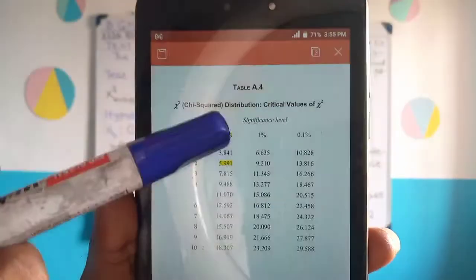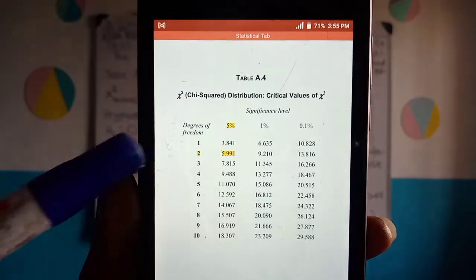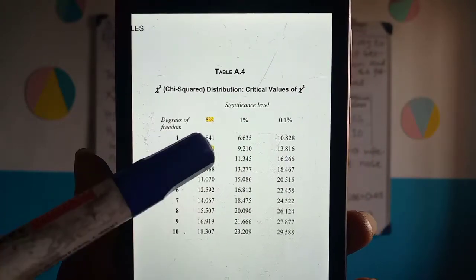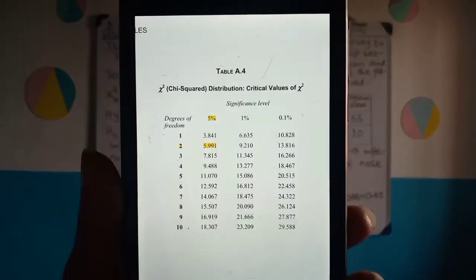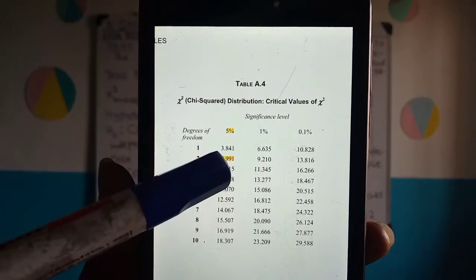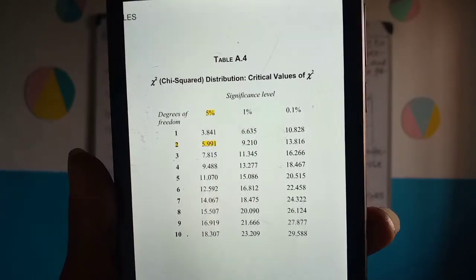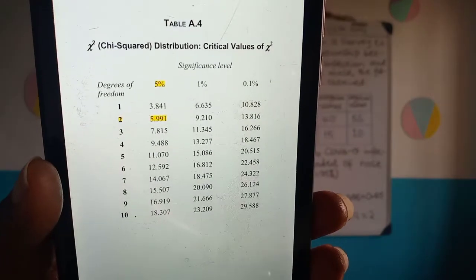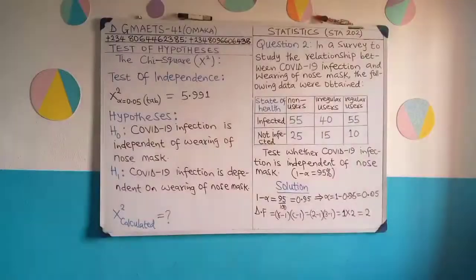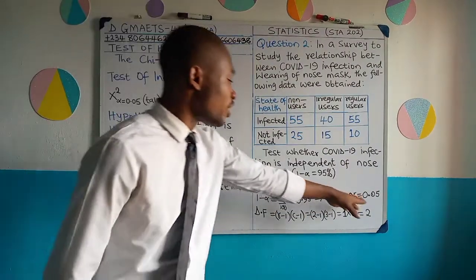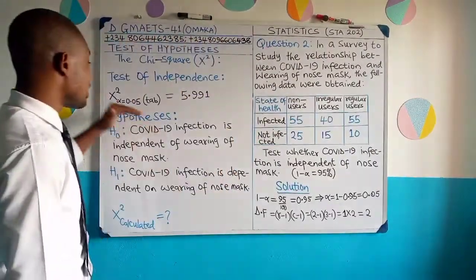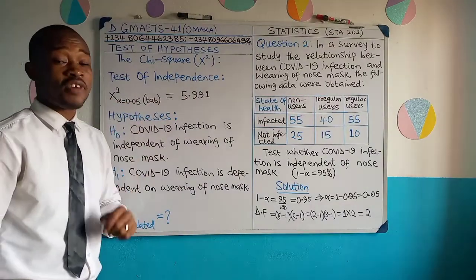When you trace the 5% column downward, and you trace the degree of freedom 2 horizontally, both of them will intercept at a value that I highlighted there, 5.991. That 5.991 is our chi-square tabulated at this significance level of 0.05 and degree of freedom 2. And of course, that is how I got this chi-square tabulated to be 5.991.